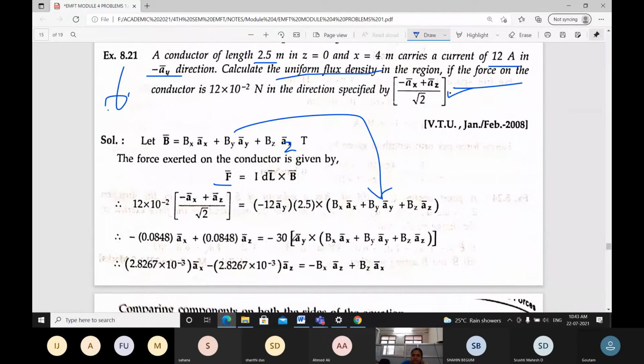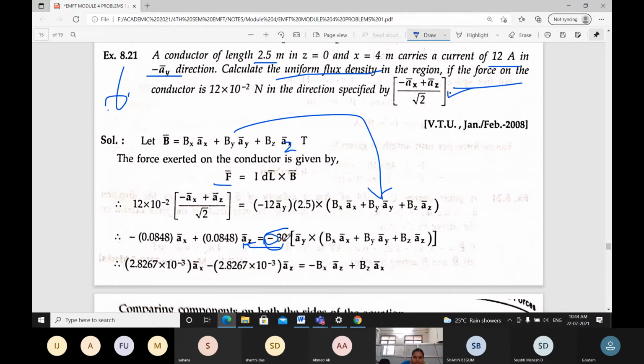That is going to be equal to, multiplying here, you will get minus 30 AY cross with BX AX plus BY AY plus BZ AZ. This 30 is divided here in this case. Then multiply this minus sign on both sides.